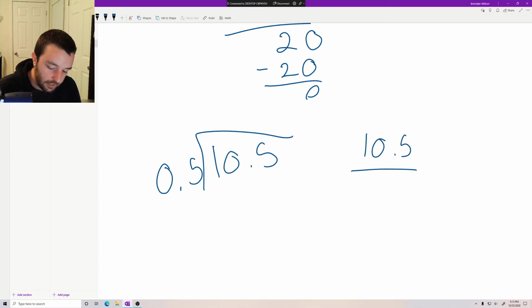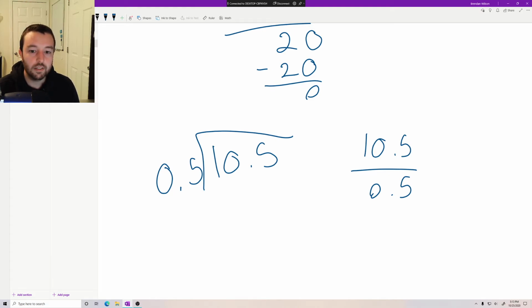Well, first of all, this is 10.5 divided by 0.5, right? Remember the multiplying by 10 trick. That says if we multiply by 10, it moves the decimal over 1. And then remember also our equivalent fractions trick. If we multiply the same number on the top and the bottom, then the quantity here hasn't changed.